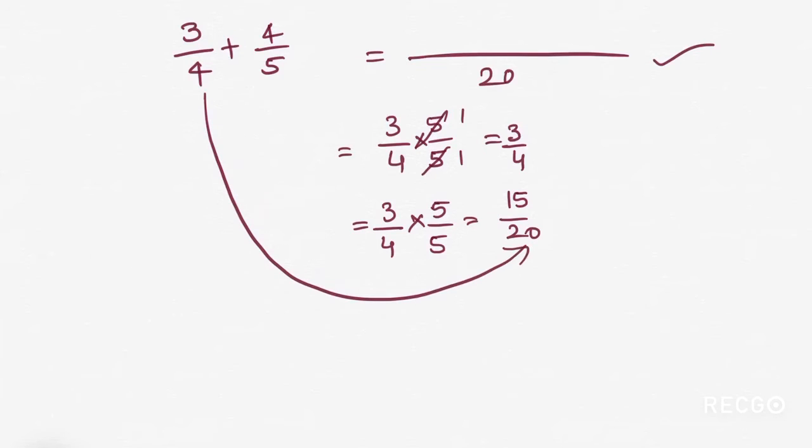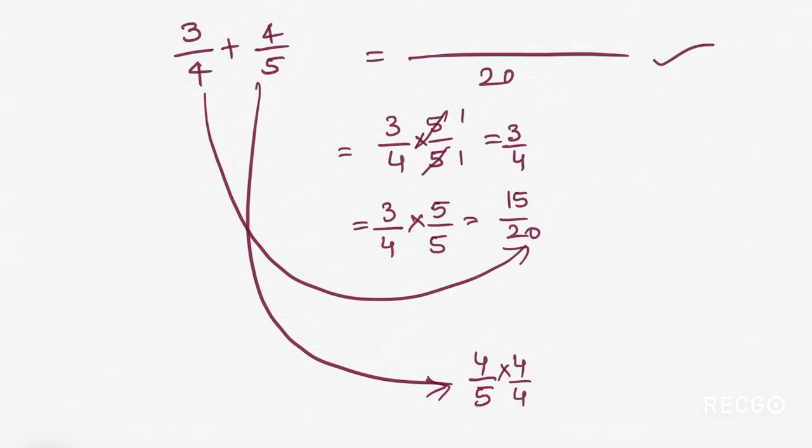This number, we turn into 15 by 20, and we will turn this number into 4 by 5 into 4 by 4, because here the denominator is 20. We want to make this number's denominator also 20, therefore 16 by 20. If both the denominators are the same, we can add the numerators.